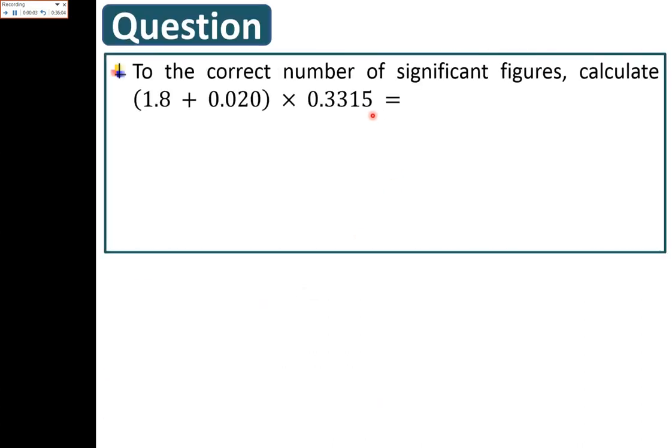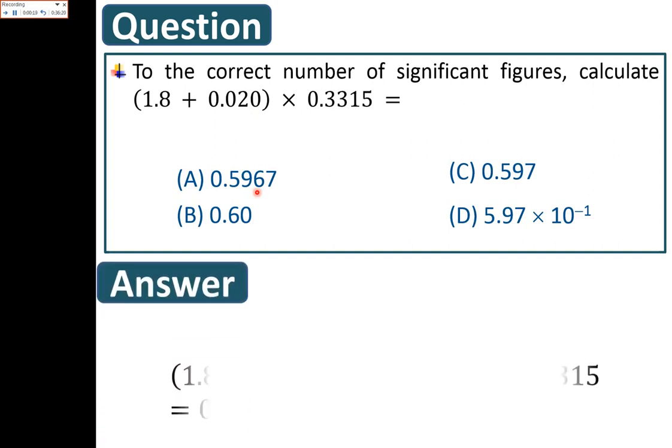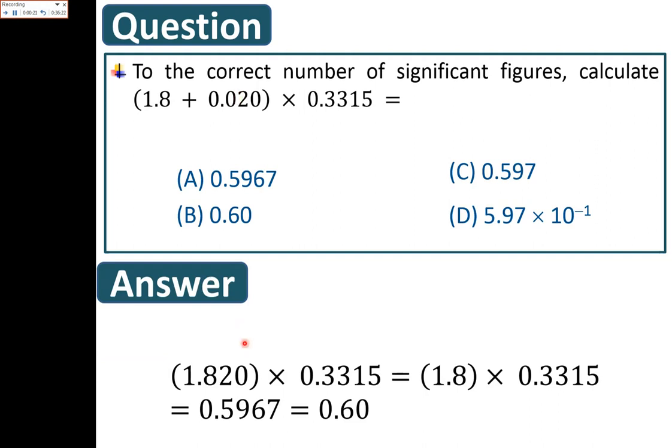Calculate this operation to the correct number of significant figures. Is this the answer? Or this one? Or this one? Which one is the correct answer? Actually, to make the calculations here, first of all, we need to run the process to the end before rounding off.